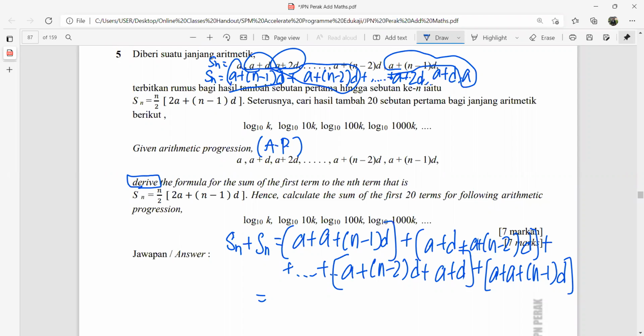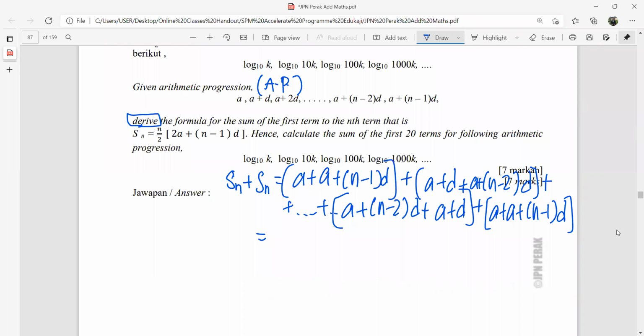So what I can say is you need to know how to do it easily without any problem. I want you to be aware about this. Can you see the pattern or not? a plus a, 2a. This one, a plus a, 2a.